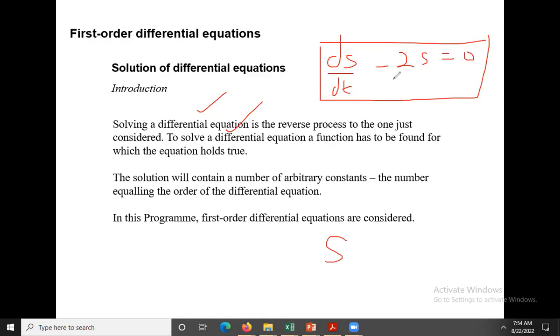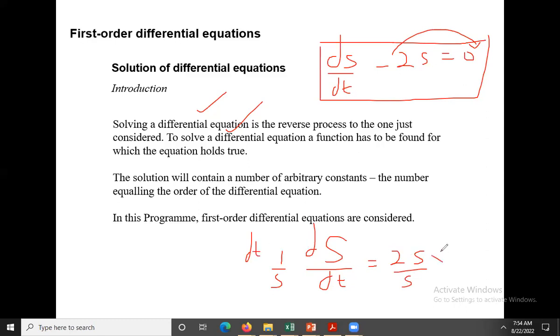So in so doing, you have to do a change of subject, which will bring us to ds/dt is equal to 2s. That is making this the subject, sending it to the right-hand side, so you get positive 2s. Then divide both sides by s, and then multiply both sides by dt.